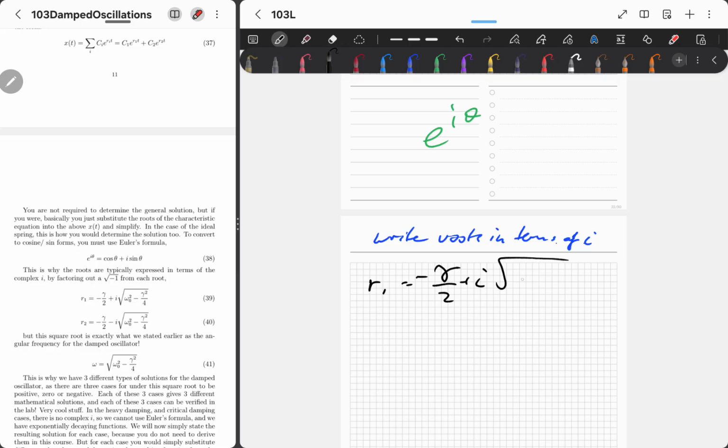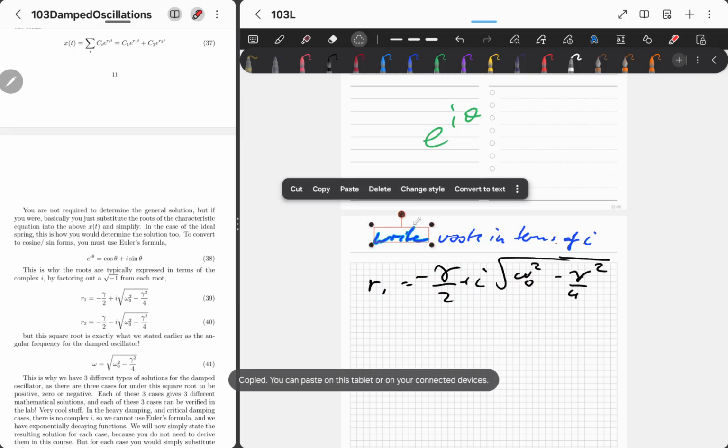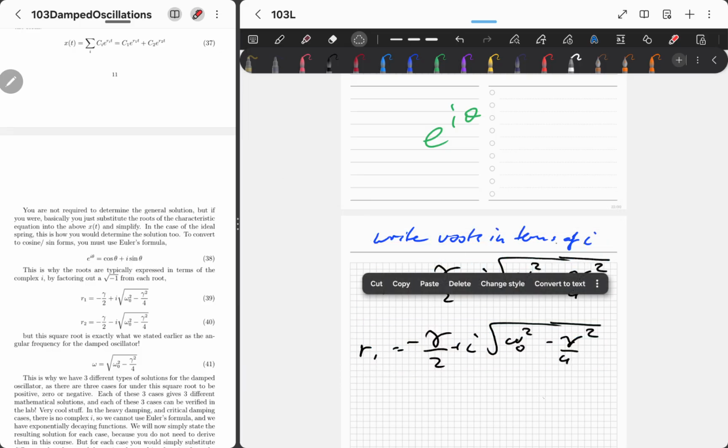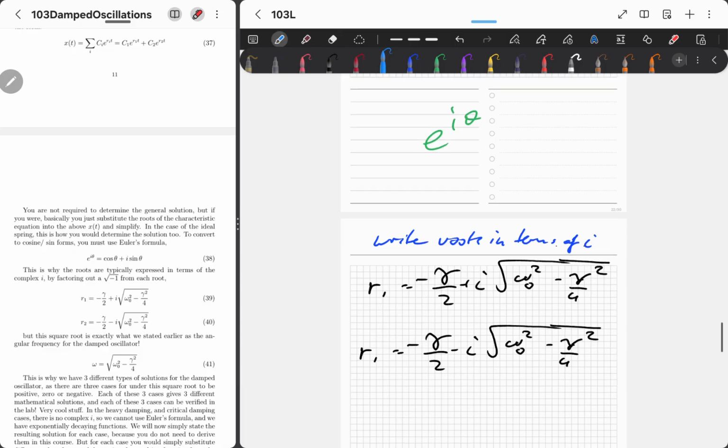If this is imaginary, we have imaginary times imaginary, i squared is -1. We cannot use this. We're stuck with decaying exponential functions that predict the motion goes right back to 0. And if this is 0, this stuff is all 0. Again, we can't use Euler's formula. We have decaying exponentials.